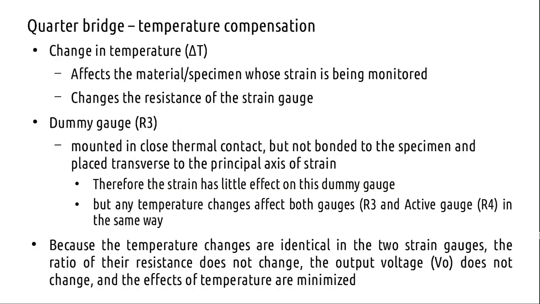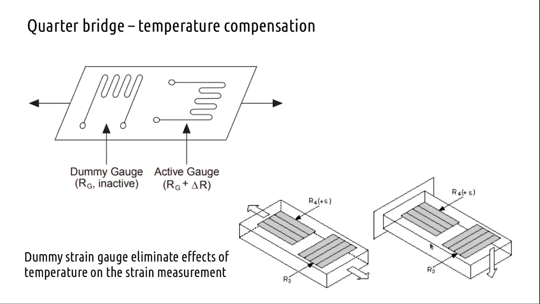So we had discussed the theory also. What happens is that this dummy gauge is not affected by the strain of interest, but both these gauges are equally affected by the temperature change.